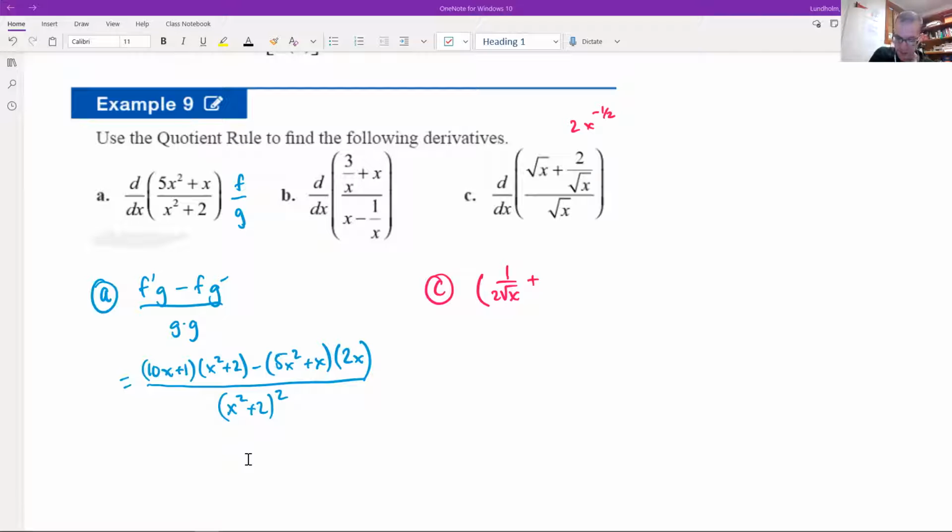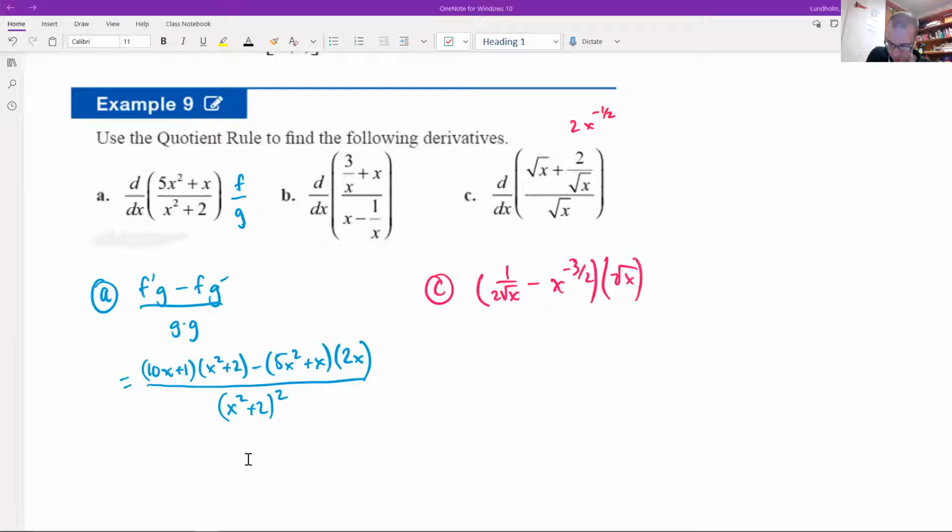So we would bring down the negative 1/2 and we would get negative 1. So actually, hold up, I'm going to change this to a subtraction sign. But then the power on that would be negative 3/2. So yeah, we'd have x to the negative 3/2 there. And that's just the derivative of the top.